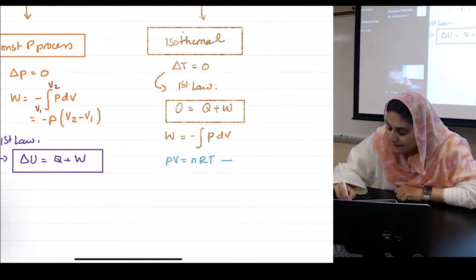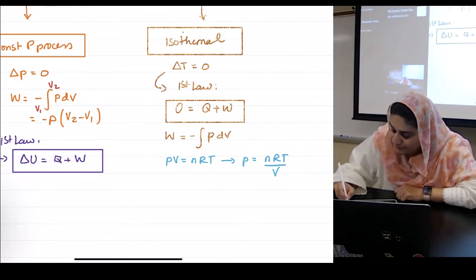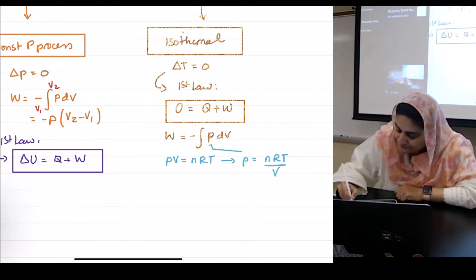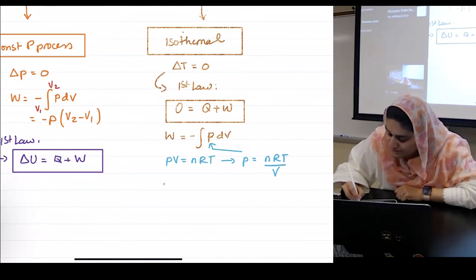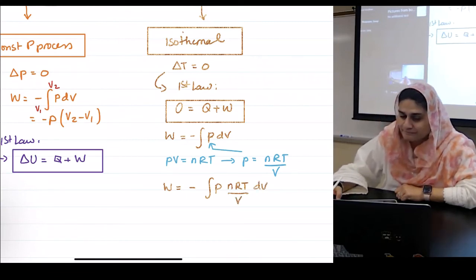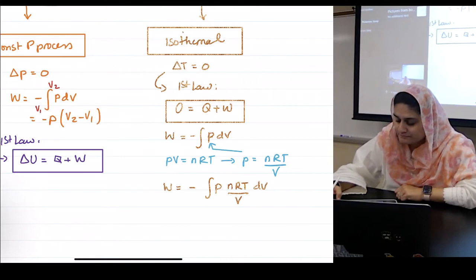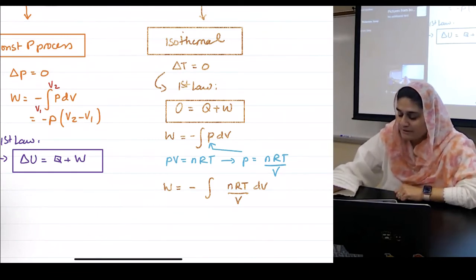So may I rewrite this as P equals nRT divided by V? I'm going to plug this value in here. And that will give me W equals negative nRT over V dV. Oh no, why am I putting P back in? Sorry. So that will be what it is.